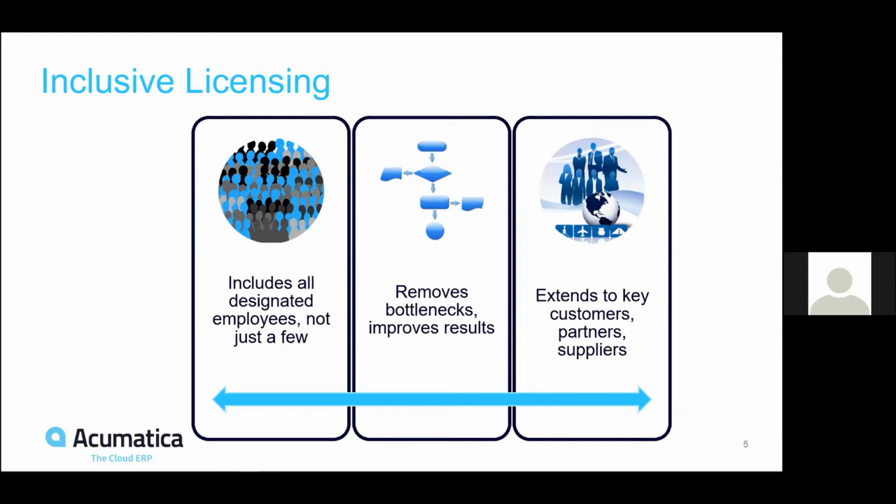So they don't price the software by user, and they don't have different types of users. They just assume that everybody in your company is going to get in there. Super good for purchasing and requisitions, super good for expense management. They make it even easy for vendors and customers with correct security privileges to get in there.